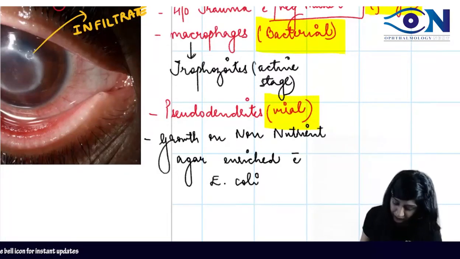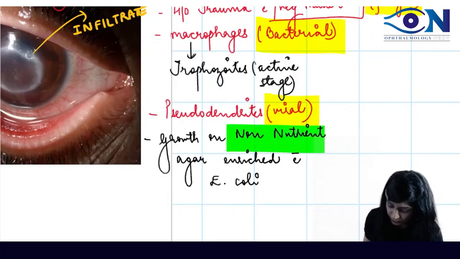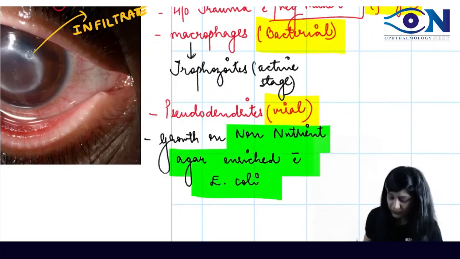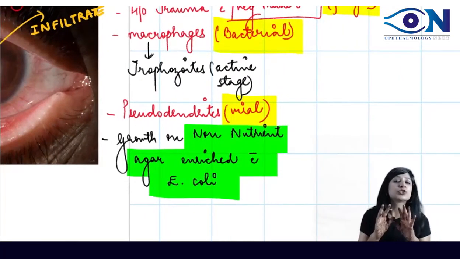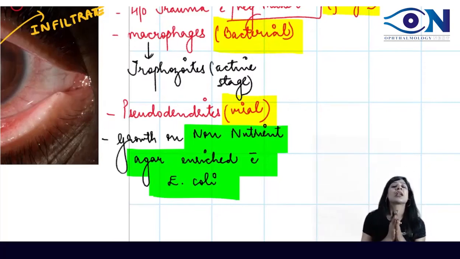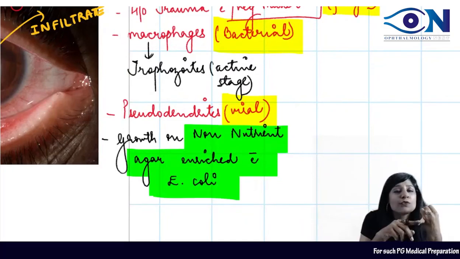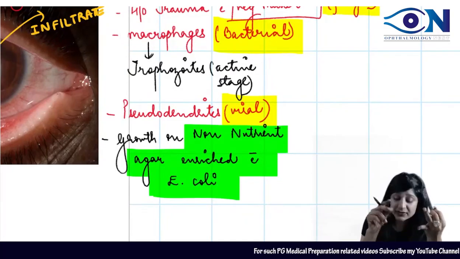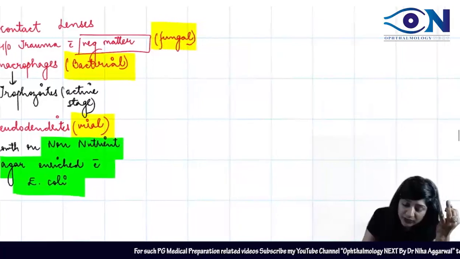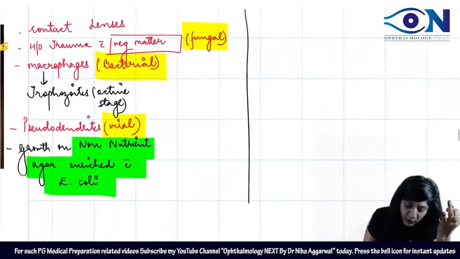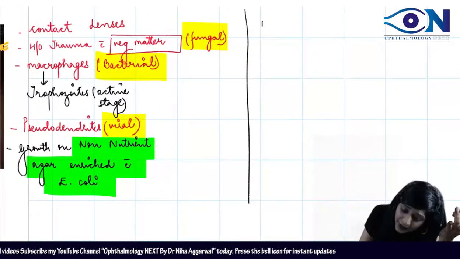You can have growth on the non-nutrient agar enriched with E. coli, and then you are sure that this is a case of Acanthamoeba. Now, a characteristic feature: you will get a history of contact lens use, plus you will also get one more history in these patients.